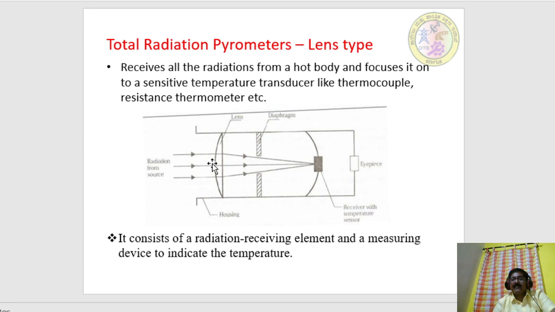The radiation is focused onto the lens and gets dissipated onto the receiver. With the help of the eyepiece we can find out what exactly the radiation obtained is. And the radiation receiving element measures the indicating temperature.